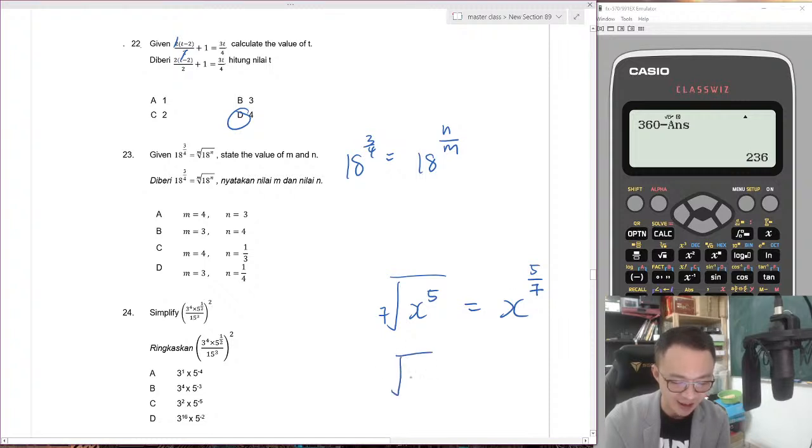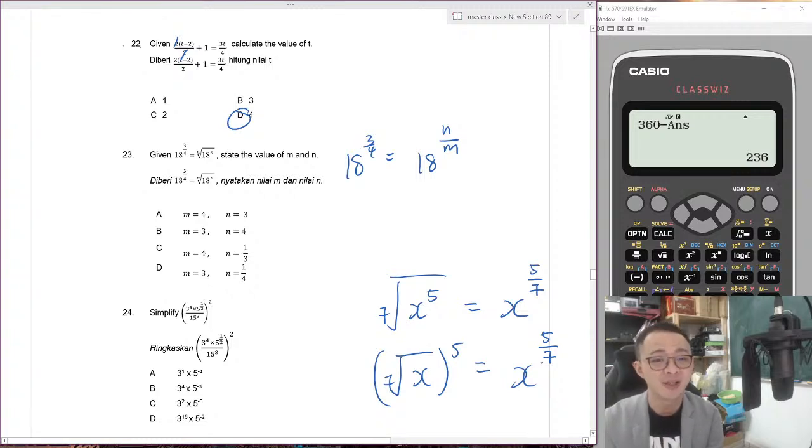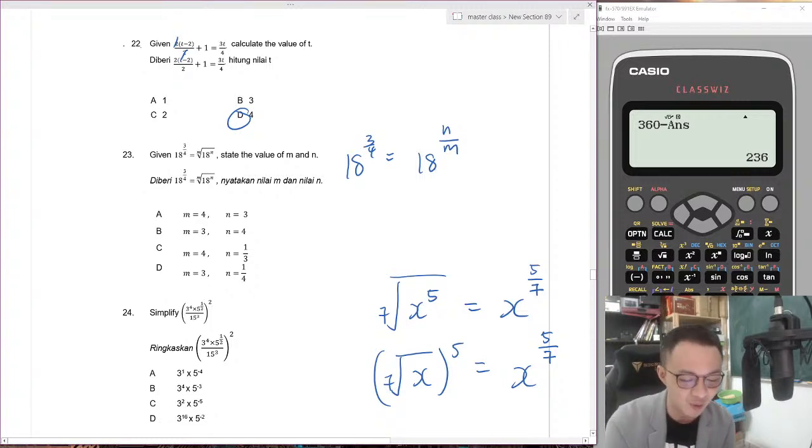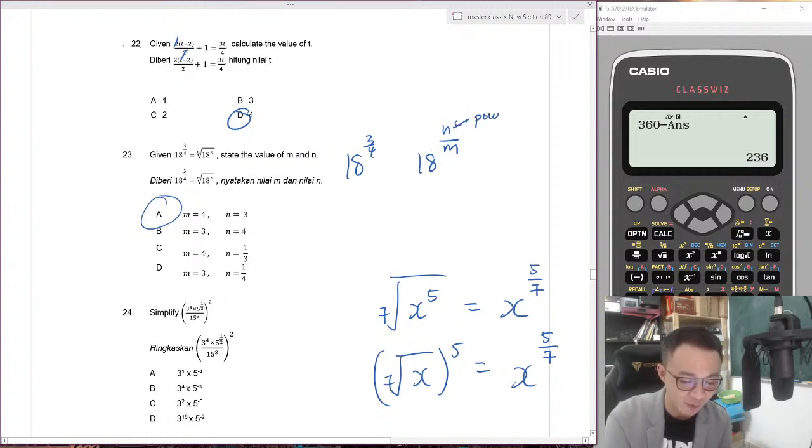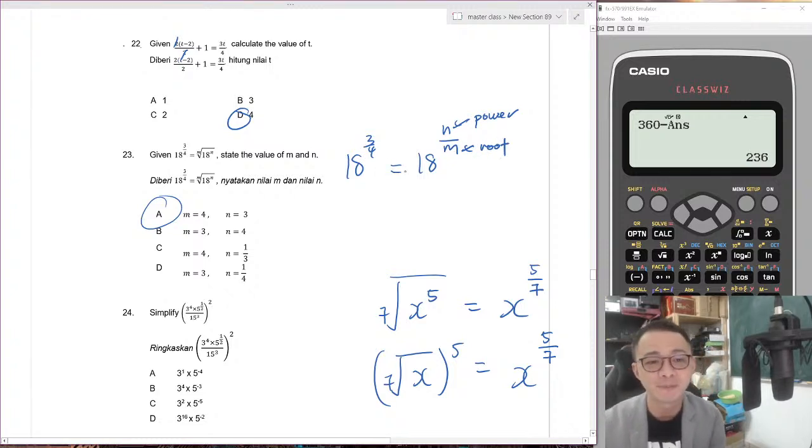If I have the root of 7 power of 5, it is still the same thing. Power we write on the top, root we write at the bottom for the fractional power. So you just remember this. This is the reason why I know n equals 3, m equals 4. The answer will be A here. So you just remember the top will be the power, the bottom will be the root. If you understand this, this kind of question is actually quite easy for you.